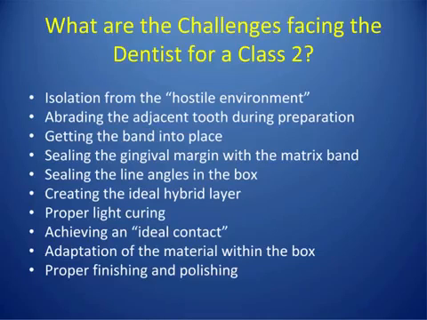Looking at our adhesive step towards creating a good and functional and intact hybrid layer, towards proper light curing and achieving an ideal contact with the application of a matrix system. But as you would agree, as clinicians, there is so much that goes into a successful restoration that we have quite a number of challenges to overcome.